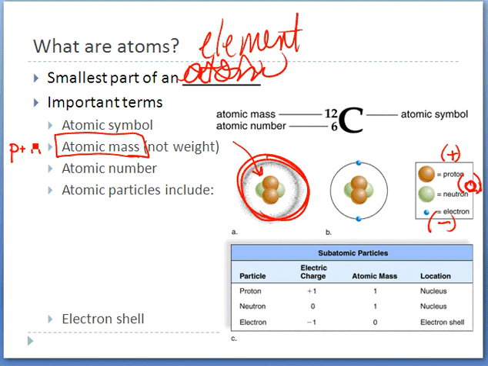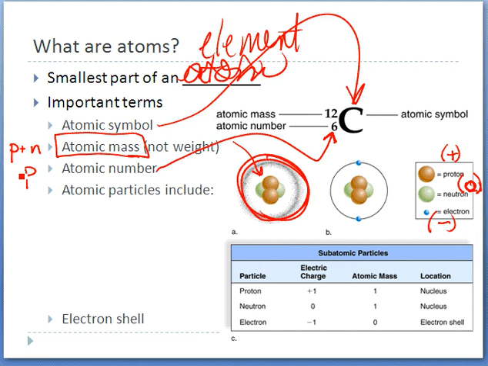Okay. The atomic symbol is the letter that we use to represent each individual element, like the capital C for carbon that you see here. The atomic number is this number down at the bottom here, the number 6 for carbon, and that represents the total number of protons present in the nucleus of that particular atom.